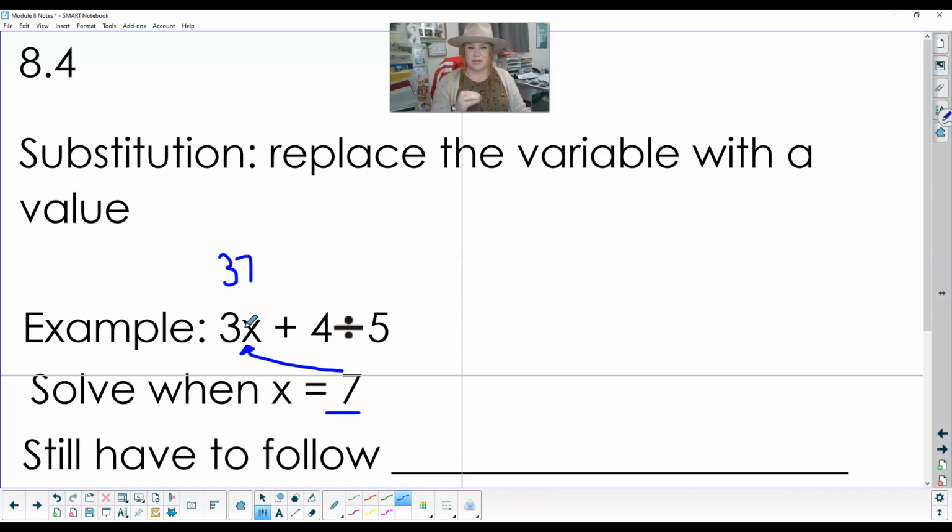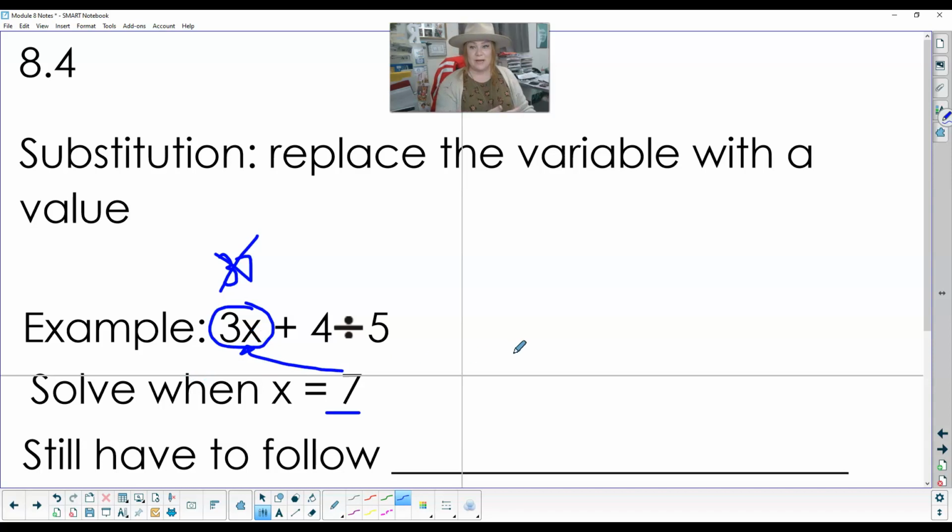This does not mean 37. Remember, this means 3 groups of x. If I had 3 groups of 4, that would mean 3 times 4. So this really means 3 times x. When we have the number right in front of the variable, that means groups, and you're going to multiply.